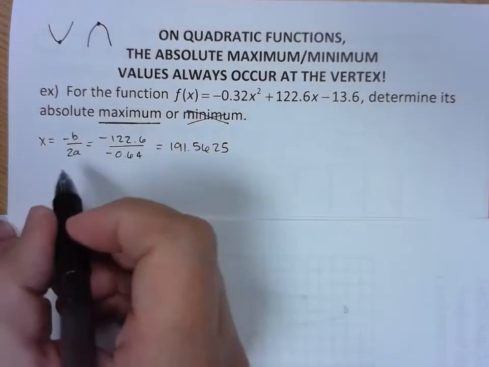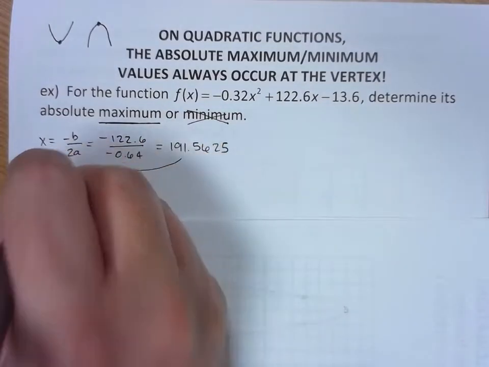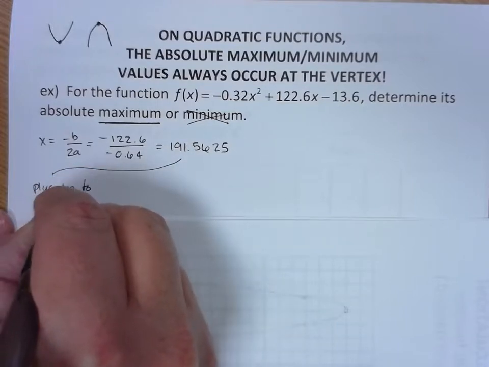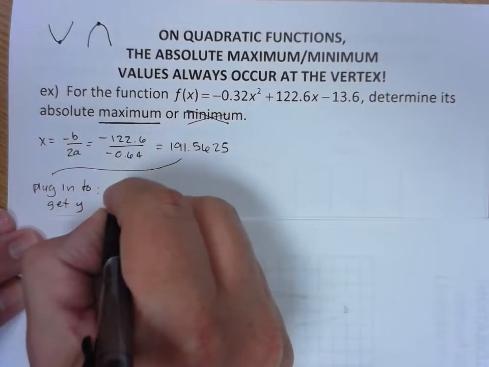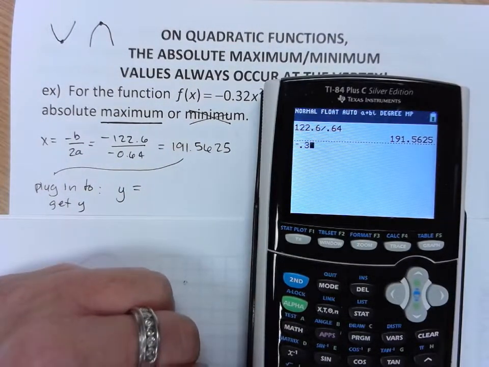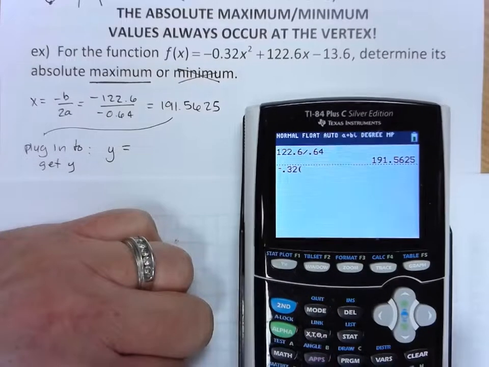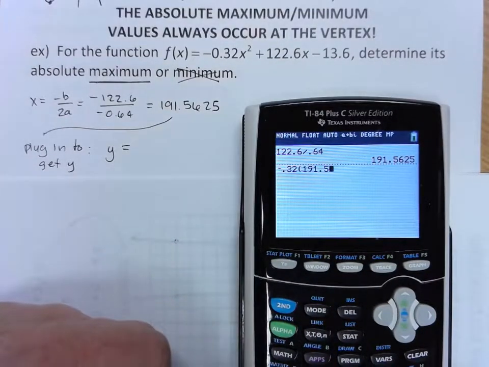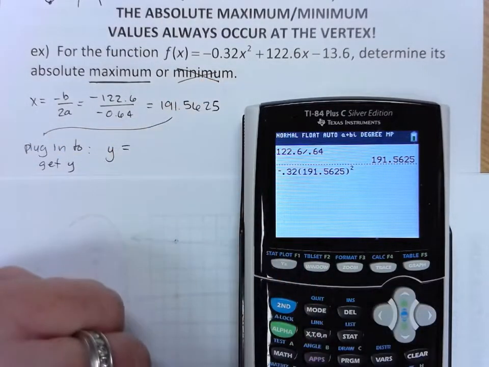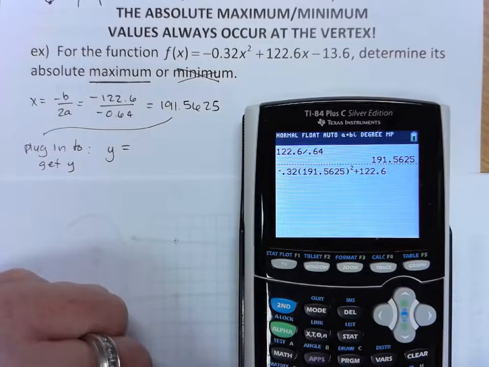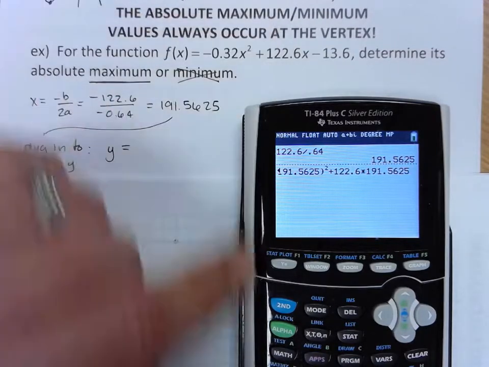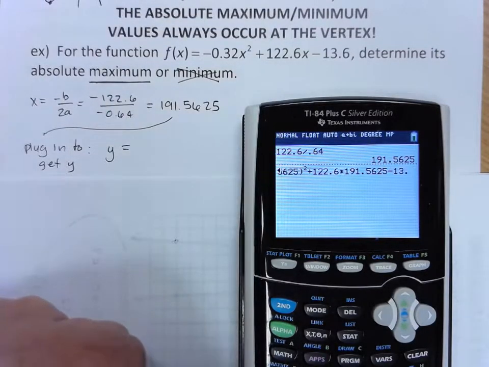Okay, now I want to take that and plug it into the function. So that's going to give me y equals negative 0.32 times that 191.5625 squared, plus 122.6 times 191.5625, and then minus 13.6.